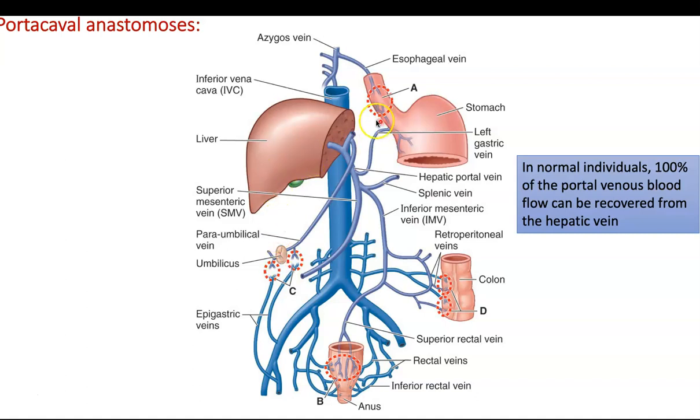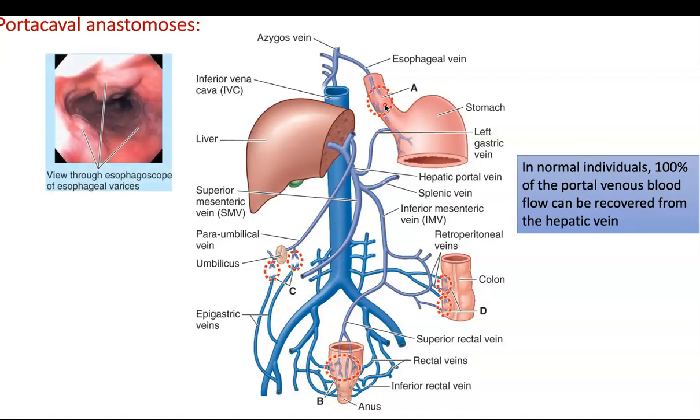As more than normal blood starts flowing through these anastomotic vessels, these vessels become enlarged because they are now transmitting a lot more blood than they normally do. As a result, the veins in this particular area will be dilated, giving rise to varicose veins. Now, these varicose veins have different names in different areas.